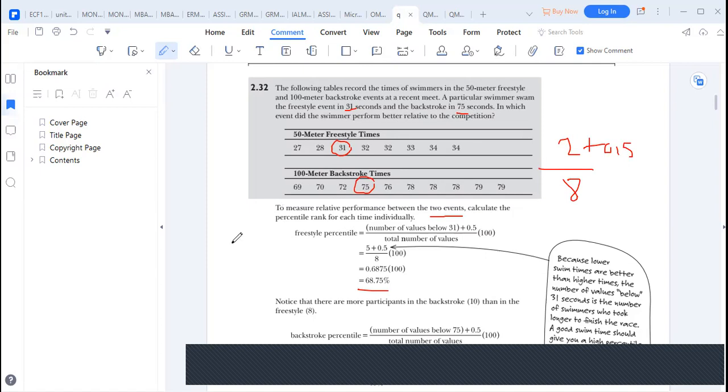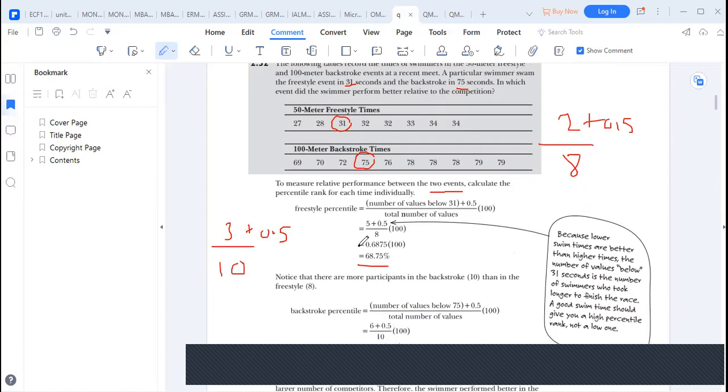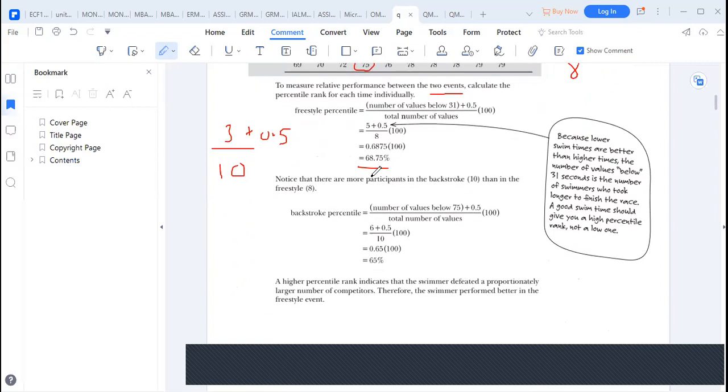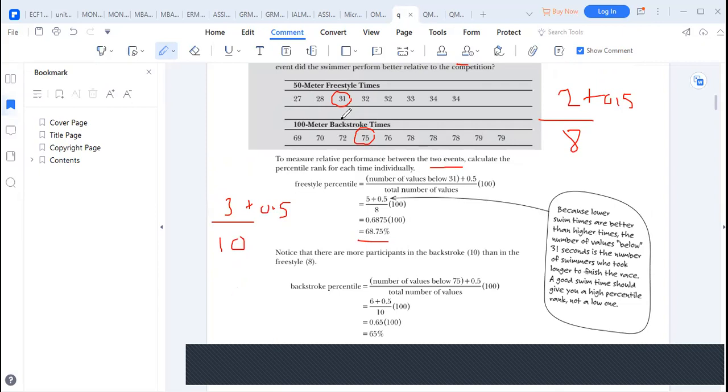And this is 1, 2, 3, 3 over 1, 2, 3, 4, 5, 6, 7, 8, 9, 10, 10 plus 0.5. Anyway, we could compare that later on, but if we're doing the combined one, I think they should have gotten the sum total of both events, but over 8, but here over 10.